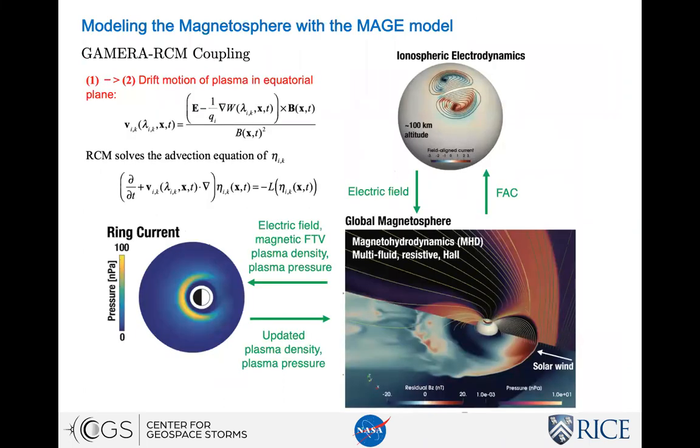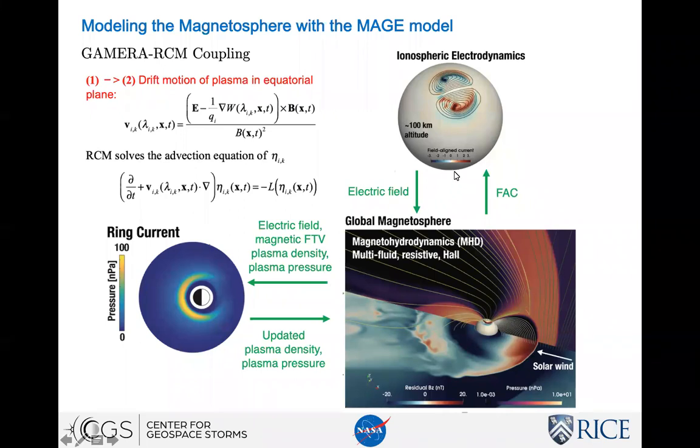Here is a diagram of the two-way coupling of Gemera and RCM. At each exchange cycle, the information of plasma moments, including plasma density and plasma pressure, and also the flux tube volume calculated by Gemera, is passed from Gemera to RCM.